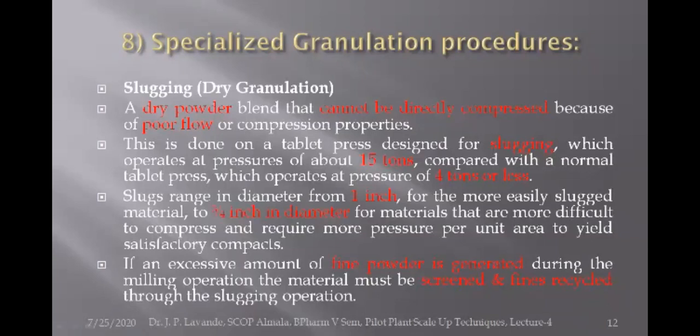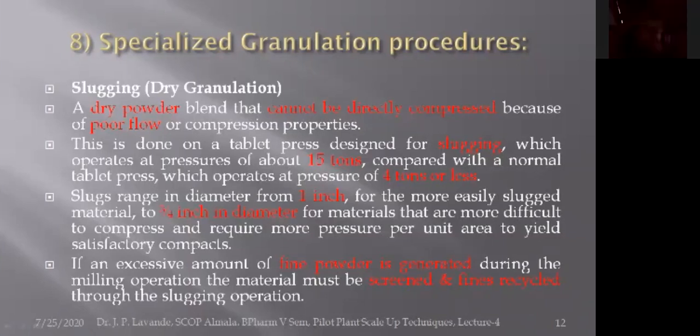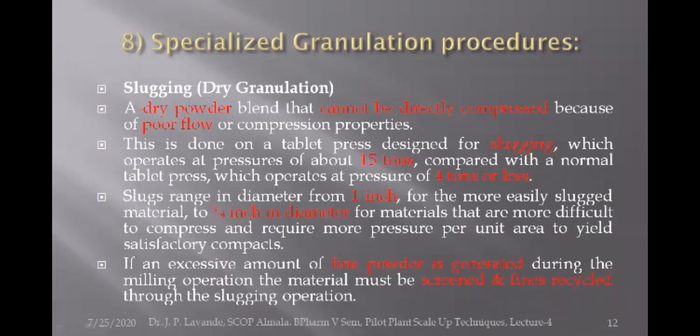If they have difficulty in compression, then it will be 3/4 inch in diameter, and they require more pressure per unit area to yield a satisfactory result. Yes, very true. If these are difficult to compress, then we need to apply much more pressure in order to get the particular slug.